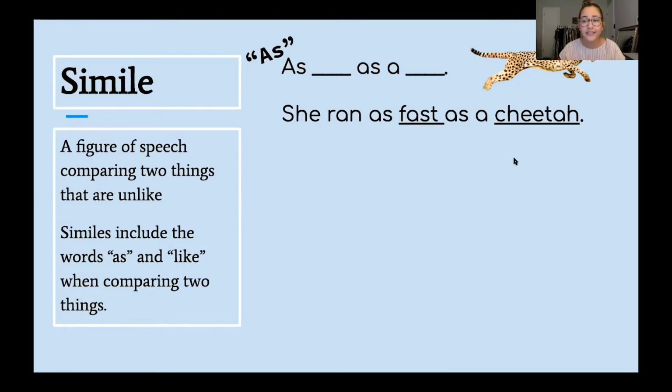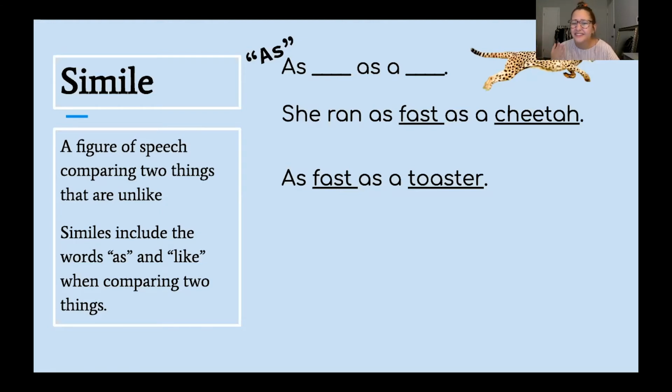So let me give you an example of a comparison that I don't think would work. This is a sentence I wrote: she ran as fast as a toaster. According to our definition, I am using a figure of speech to compare two things that are unlike each other, someone running fast and a toaster.